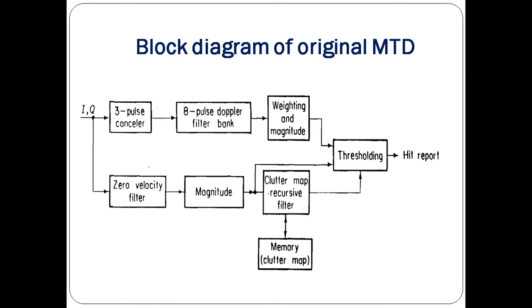We have a digital memory. In the clutter map, the magnitude of the clutter echoes is stored in the digital memory, and this clutter map establishes the thresholds used for the detection of those aircraft targets which produce 0 radial velocity.